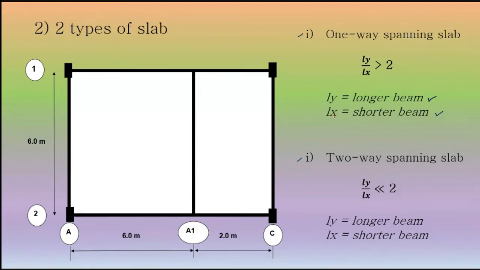Ly, Lx not refer to the axis. Jangan silap yang tu. So once the ratio of Ly over Lx more than 2 is one way. Kalau saya dulu saya ingat dia terbalik lah. Okay, two way spanning slab is if the ratio of Ly over Lx is less than or equal to 2. Okay, boleh. Yang ni tak ada apa kan?